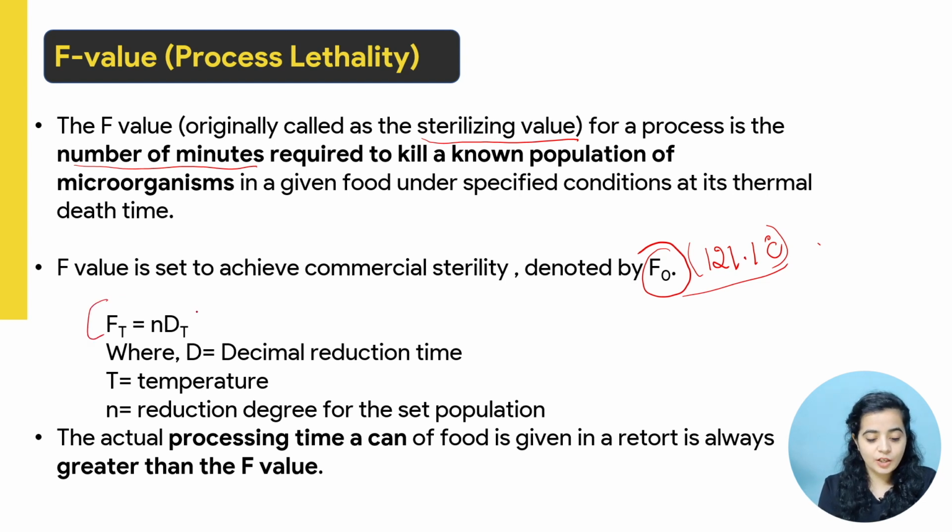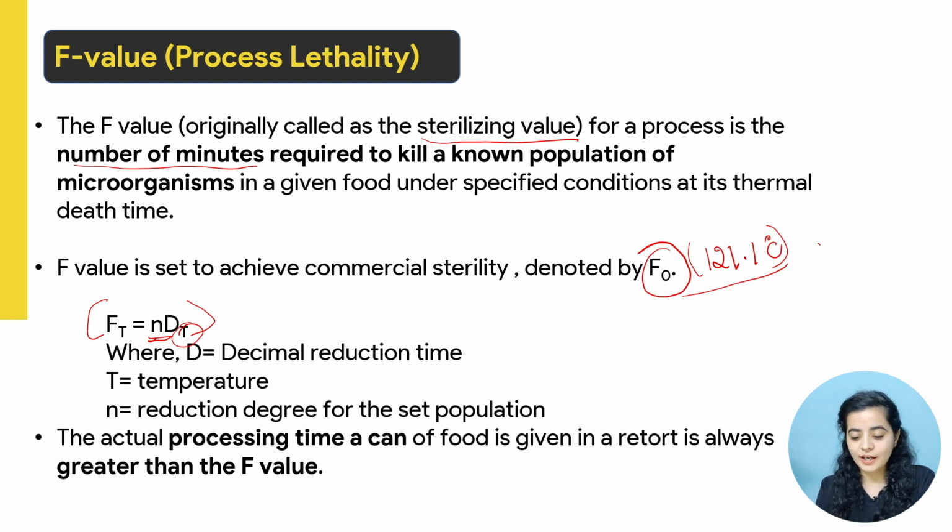So F value can be calculated as n into D_T, where n is the number of log reductions you need in the population, D is your decimal reduction time, and T here denotes that specified temperature.